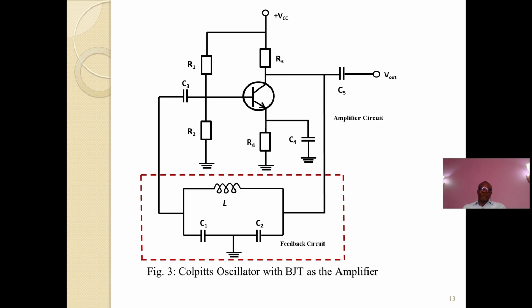Now, if you look at the area marked with the red box, that is the feedback circuit. In that feedback circuit, we have two arms. One arm is the inductor and the other arm is the capacitor.